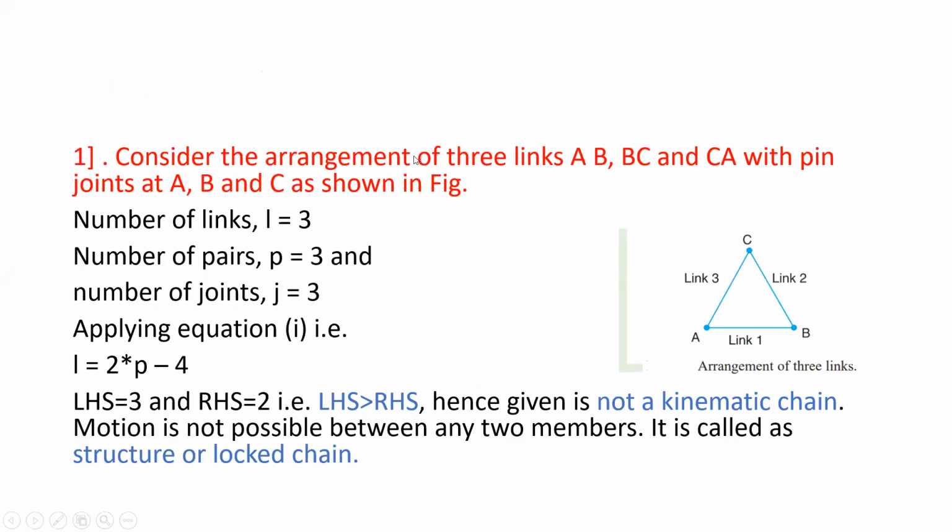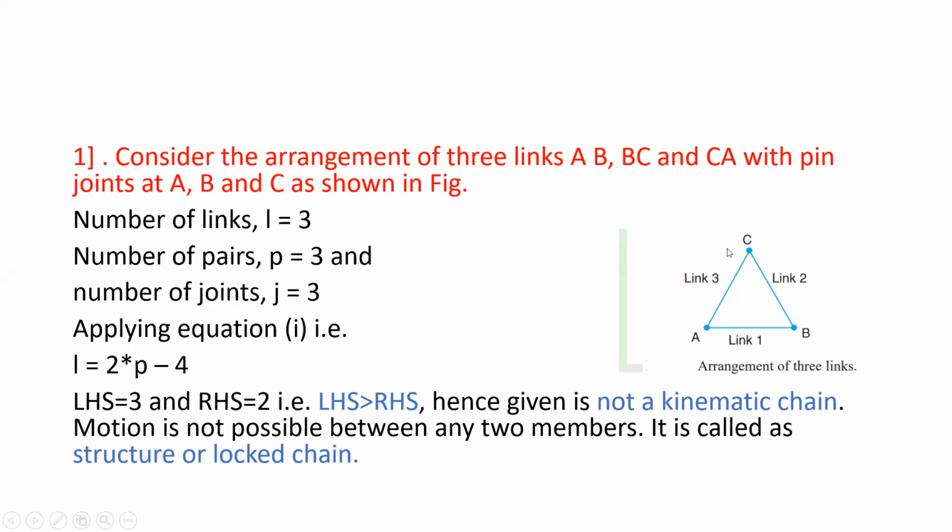Okay, so now let us apply the same formula, that L is equal to 2P minus 4, to decide whether the given assembly or arrangement is a kinematic chain or not.